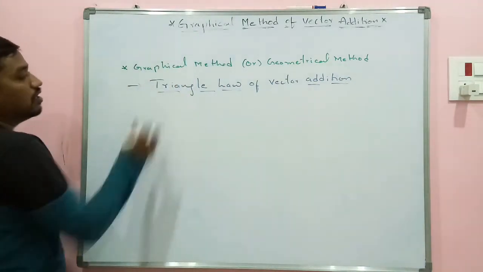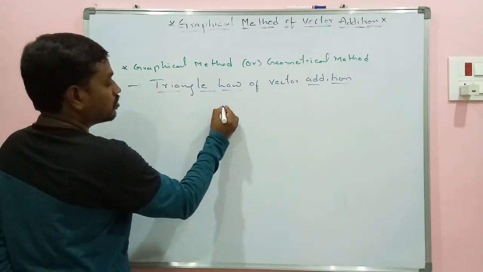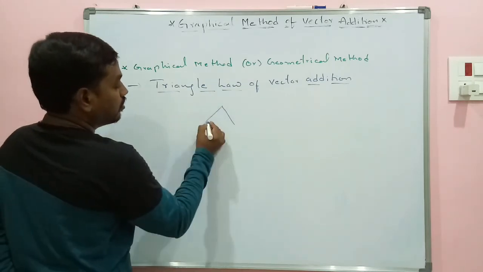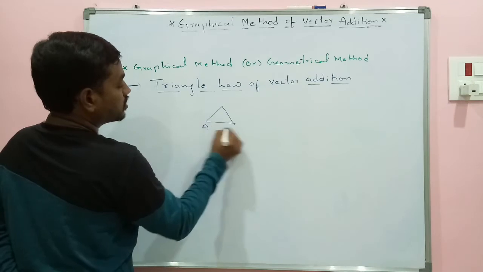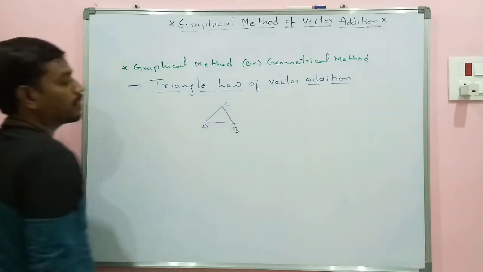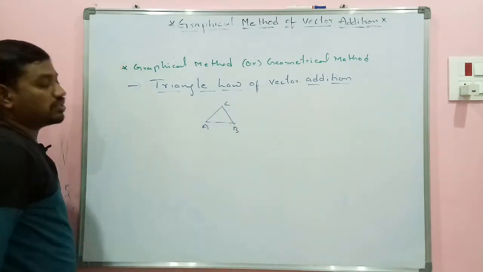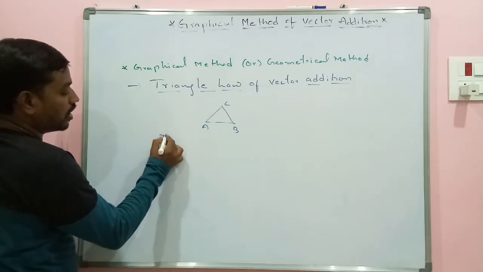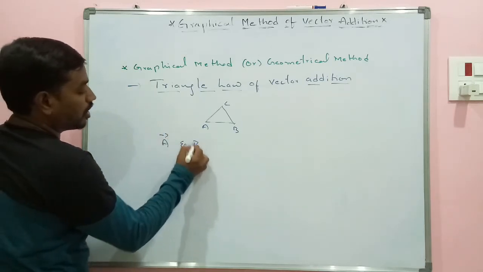Here a triangle has how many sides? You all know that a triangle is represented by three sides. We can name them A, B, C. To add two vectors, consider vector A and vector B to be added.